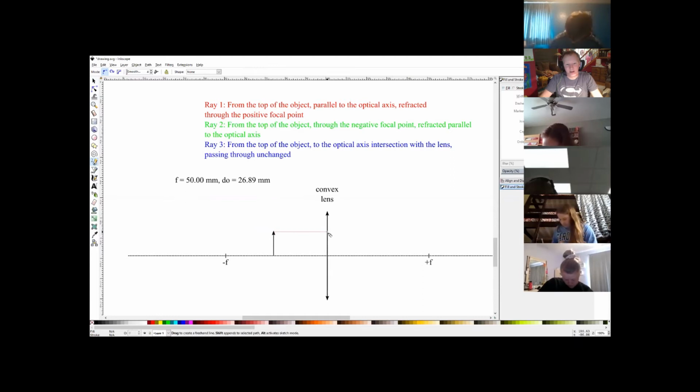So our first ray goes in parallel to the optical axis, and then from there, straight through the positive focal point.